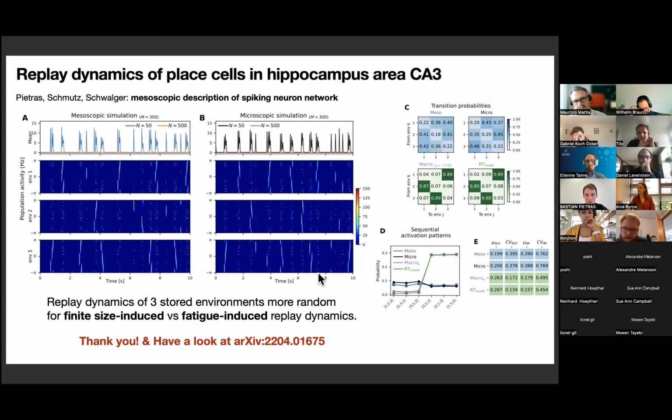All these bursts that you see here are metastable states where the finite size fluctuations of the network, well, it's not really finite size, it's high dimensional, lead to these high activity states.